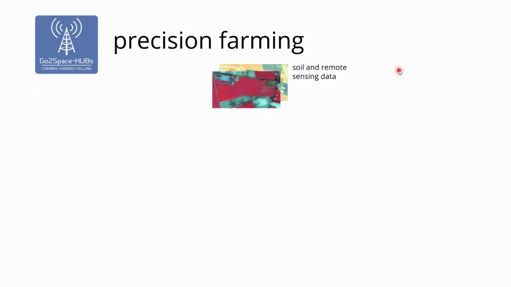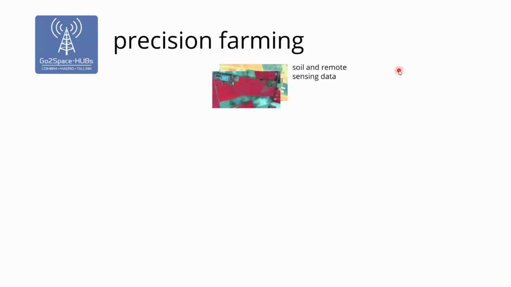To apply those products precisely in the amounts and locations we want, we need precise information on the condition of soil and plants as well. So for that we also need remote sensing data, remote sensing images.